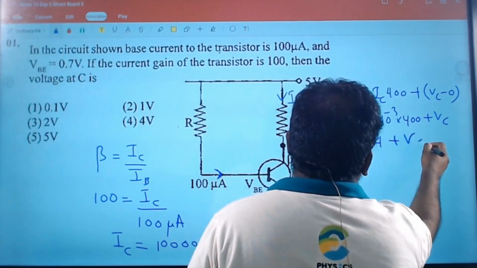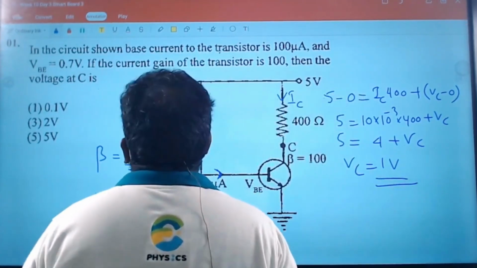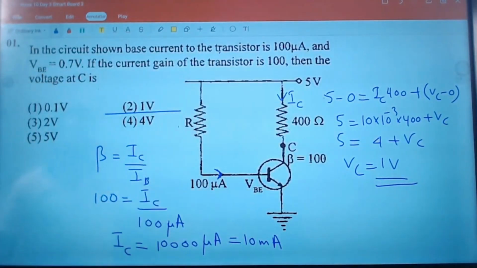That is 4 plus VC, so VC is 1 volt. Answer number 2.